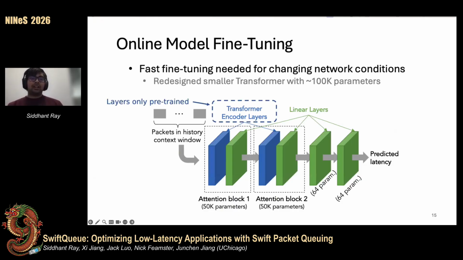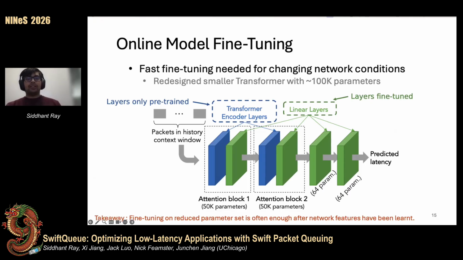And for pre-training, for learning the embedded signal, we train all of the transformer encoder layers. But for fine-tuning, we are able to only train the linear layers because the actual embedded information has been learned and the change can be embedded by fine-tuning just the linear layers. So fine-tuning on a reduced parameter set is enough if the network features have already been learned in the pre-training process by the whole model.